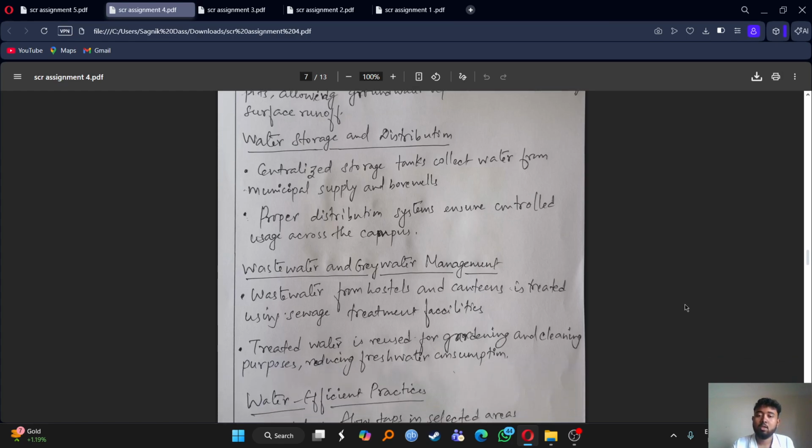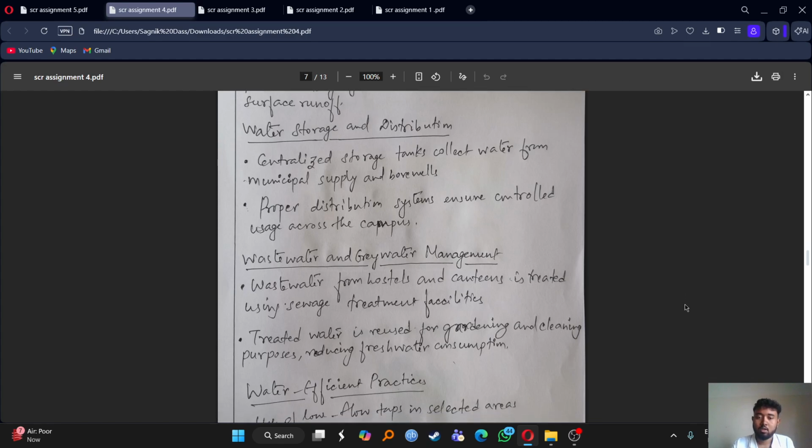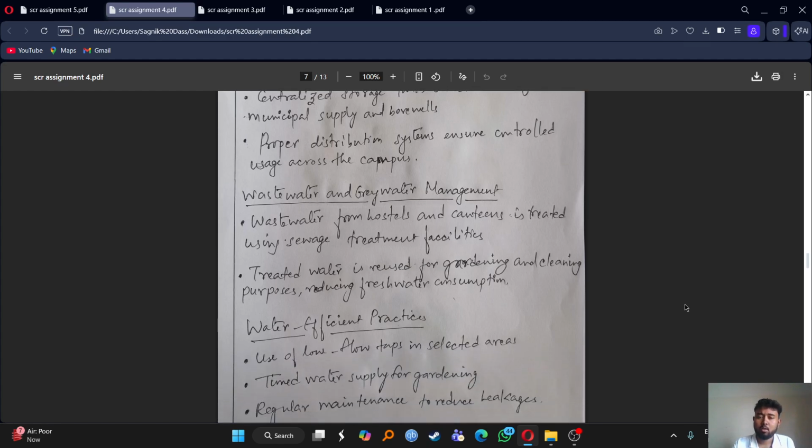TDS is measured properly, everything is checked, and then it is distributed to the entire campus. The extra water is also supplied to the grid outside the campus.